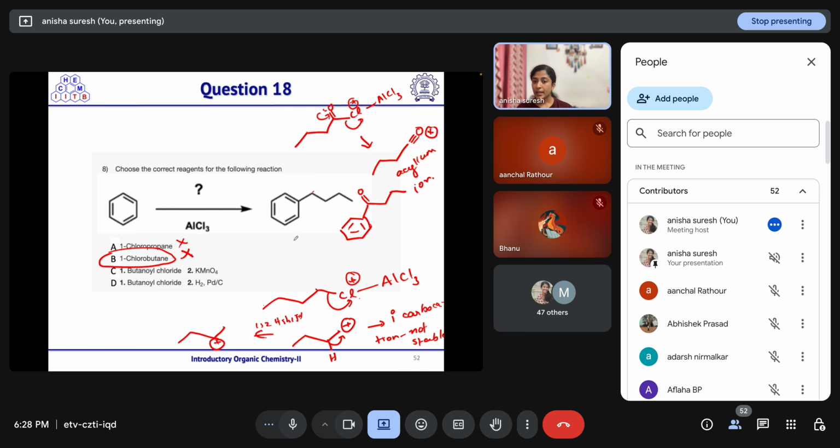Okay, it will react with KMnO4 leading to oxidation, and it will form benzoic acid and CH3CH2COOH. This will be forming. But when we treat it with hydrogen, palladium on carbon, it will selectively reduce this ketone, leading to formation of this alkane. Okay.